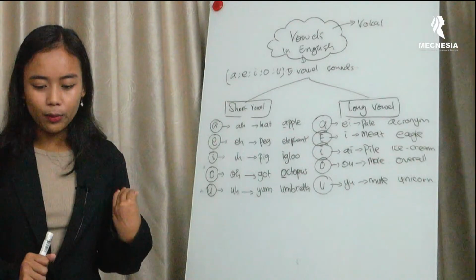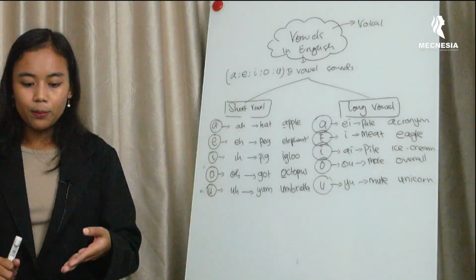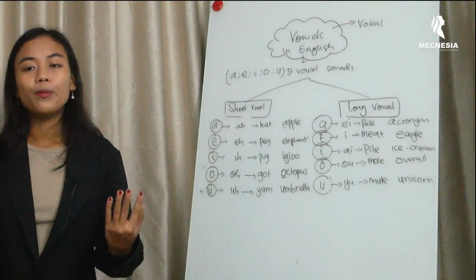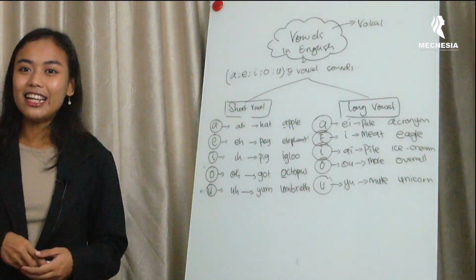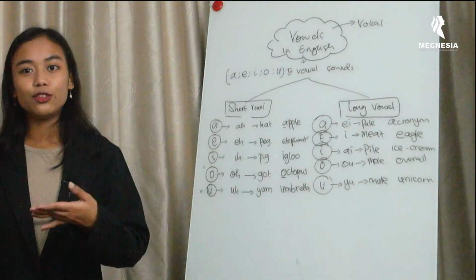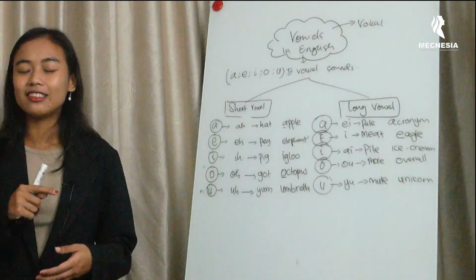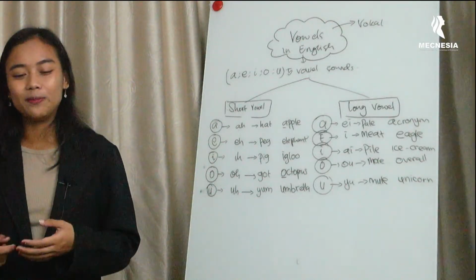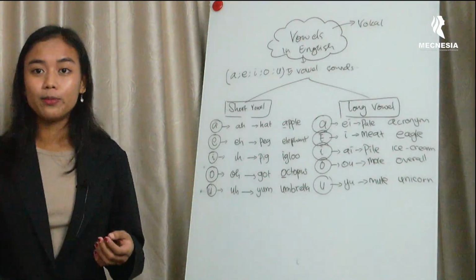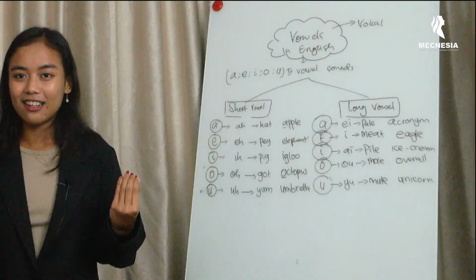And the next word we have maelstrom. Maelstrom. Let's say it together. Maelstrom. Now quicker, sekarang lebih cepat. Maelstrom. Well, maelstrom means pusaran air.